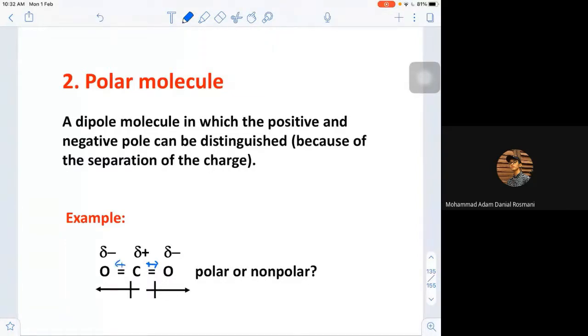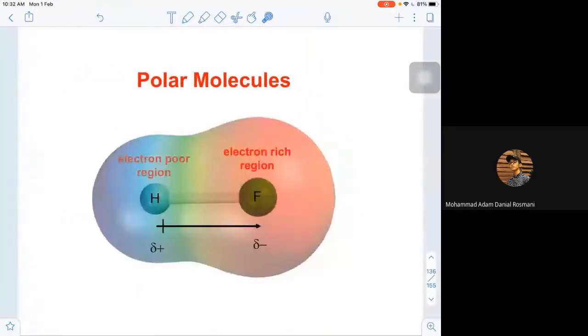The bonds are all polar, but the molecule as a whole is not necessarily polar. It becomes polar or non-polar depending on the shape of the molecule. That is why we have to know how to identify the correct molecular geometry or molecular shape before we can identify the polarity of a molecule as a whole.